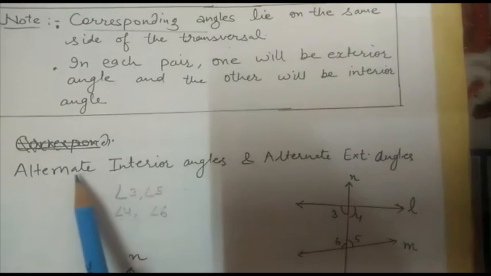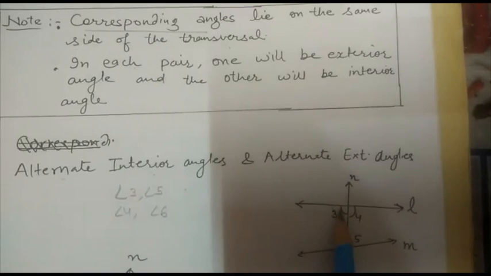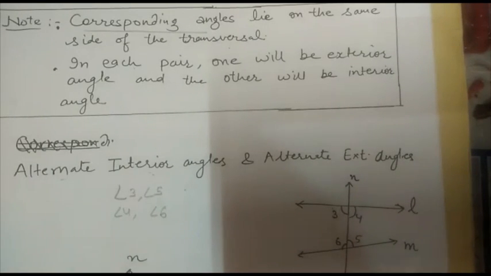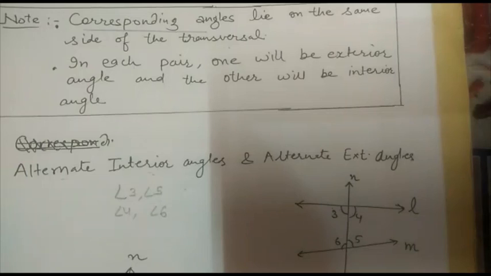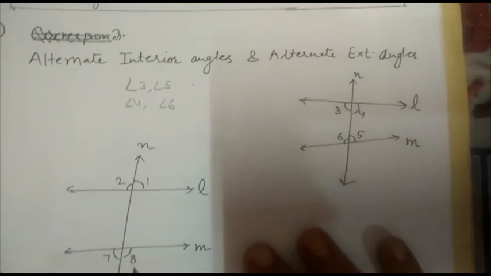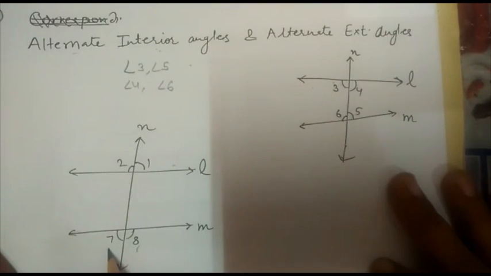So the angles to be alternate interior angles, they should be on the opposite side of transversal, and in each pair both angles will be either interior or exterior. That is in case of alternate exterior angle, angle 2 and angle 8 will be alternate exterior angle, and angle 1 and angle 7 will be alternate exterior angles.